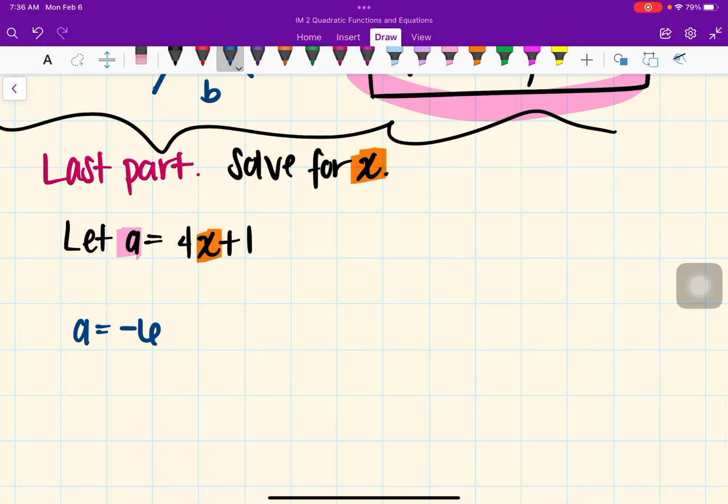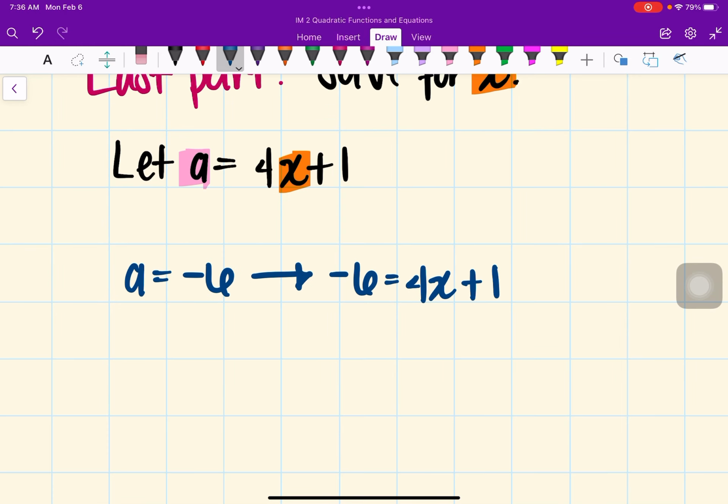So I need to make my equation equal to -6, and I have equals 4x plus 1. Because we're focused on solving for x, I need to leave this alone. So I'm going to move the 1 to the other side, and by doing that, I subtract. I have -7 equals 4x.